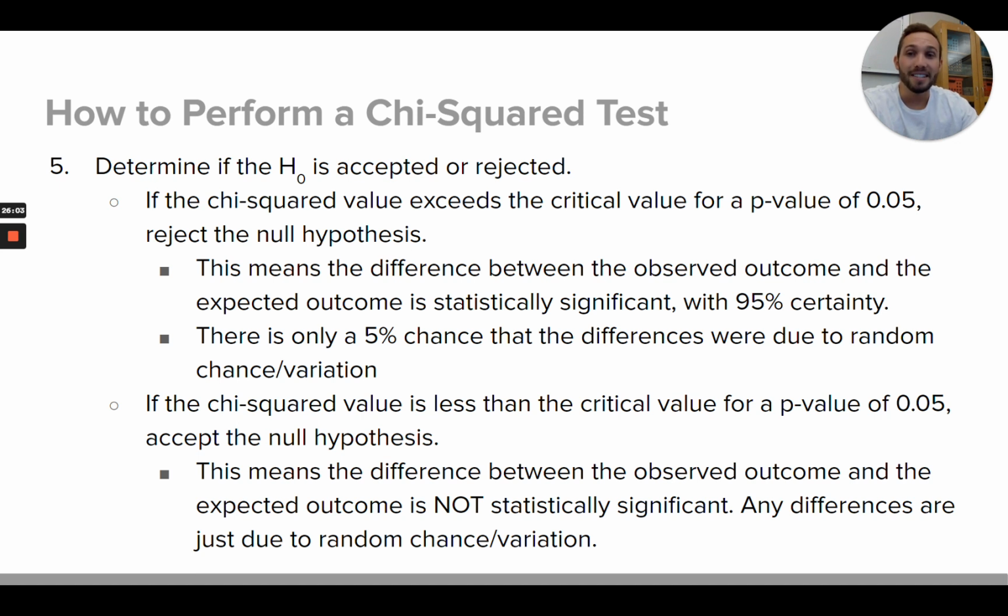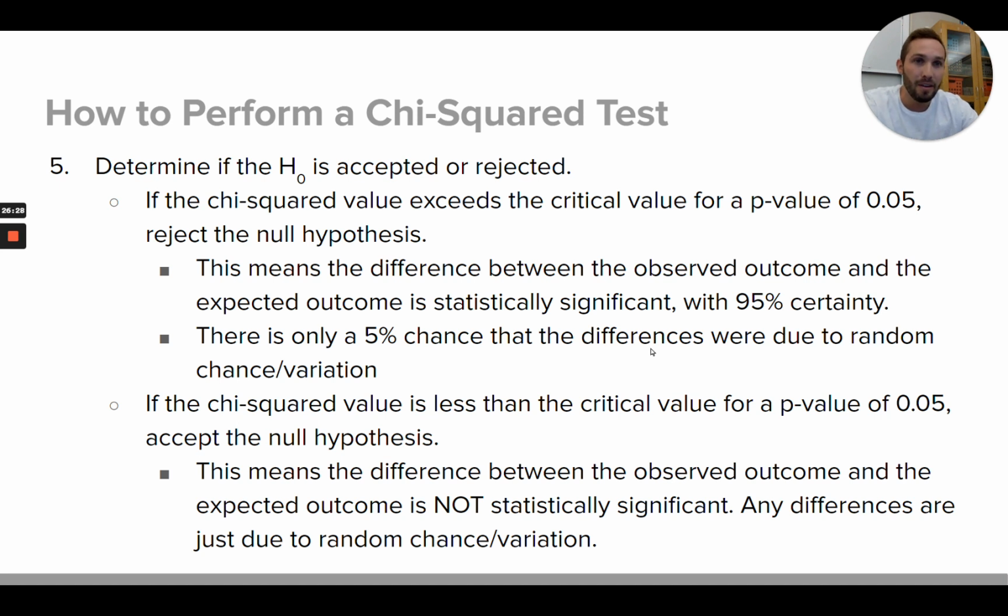It means that the difference between what you observed and the outcome you were expecting is statistically significant, and you're 95% sure that there is actually a real difference between what actually happened versus what you were expecting to happen. And there's only a 5% chance that the difference was because of random chance or variation.